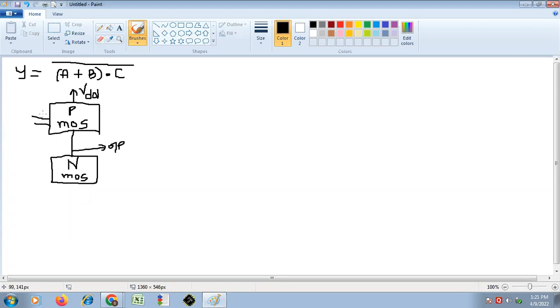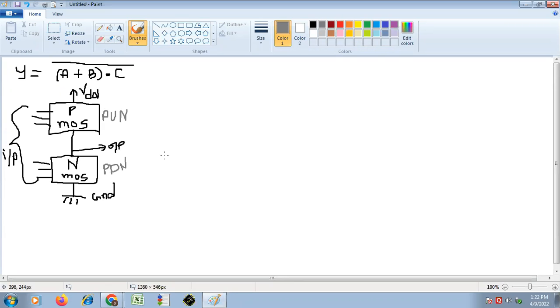Here are the inputs, and of course ground. So this PMOS is the pull up network, and this is the pull down network.